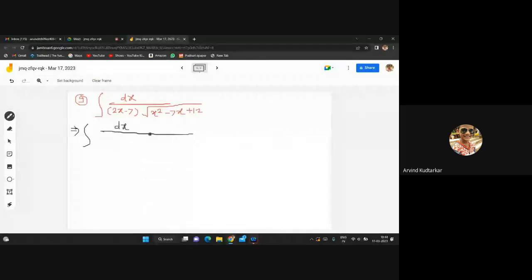See how you can write this polynomial as a perfect square. So root of x minus 7 by 2 whole square. So 12 into 4, that is 48.